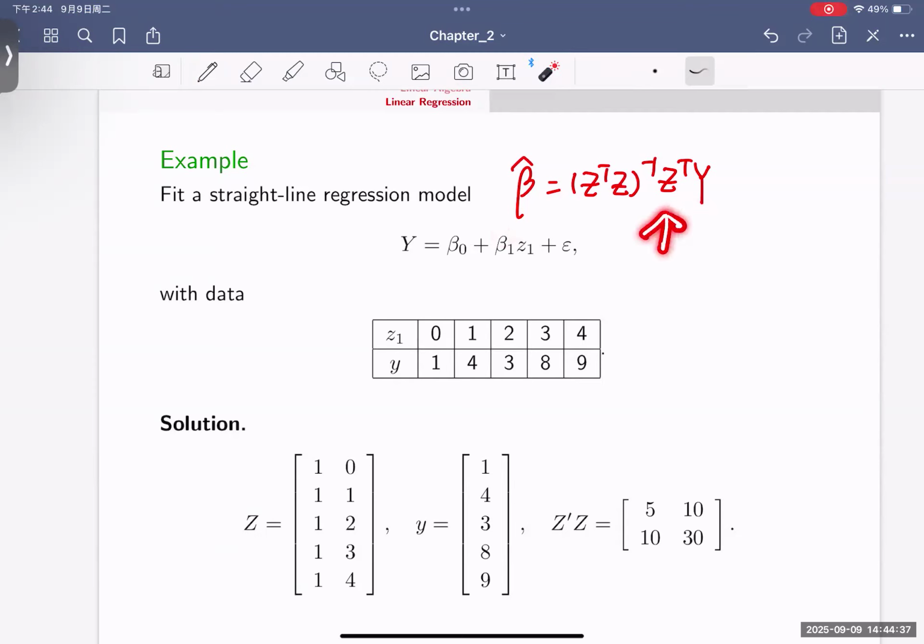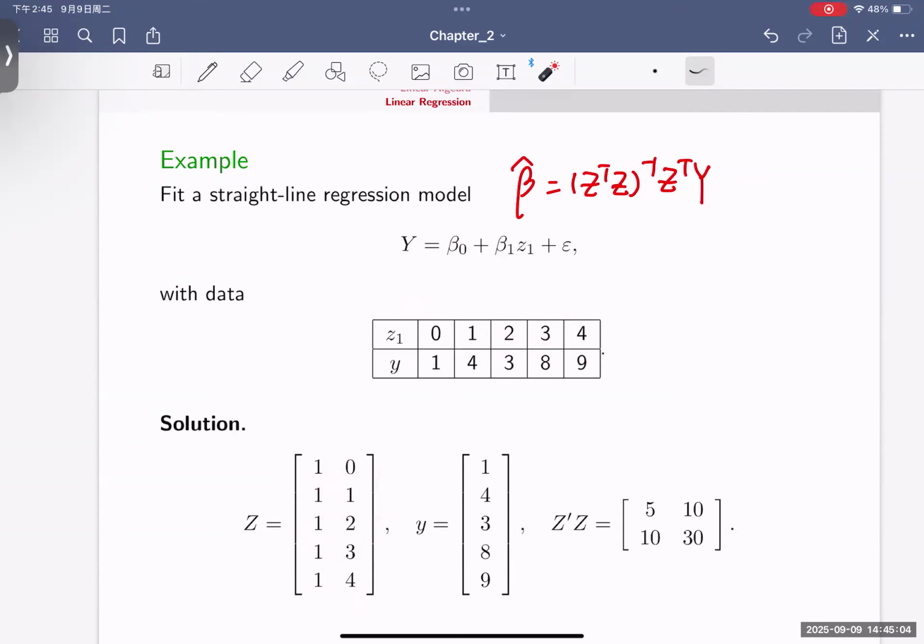So what is the Z given here? When we write down Z, we always keep in mind that there is a beta 0, which means there is a hidden feature: beta 0 times 1. This feature is 1, so we write down the all-ones vector here. The second type of feature is 0, 1, 2, 3, 4.